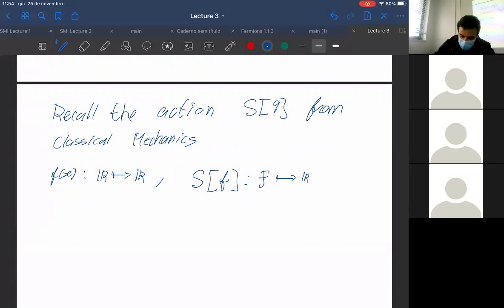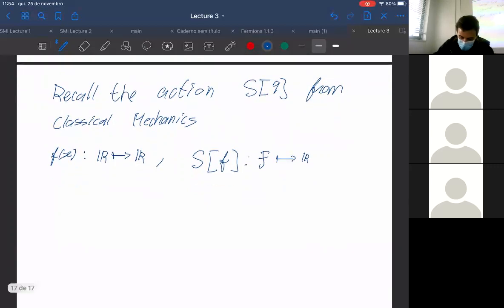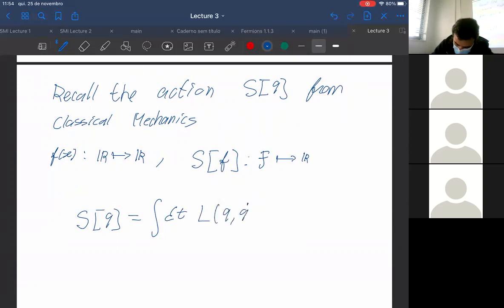And we know how to define the action in classical mechanics. These q are the generalized coordinates, and the action is an integral over time of a quantity L, which is the Lagrangian, L(q, q dot, t).